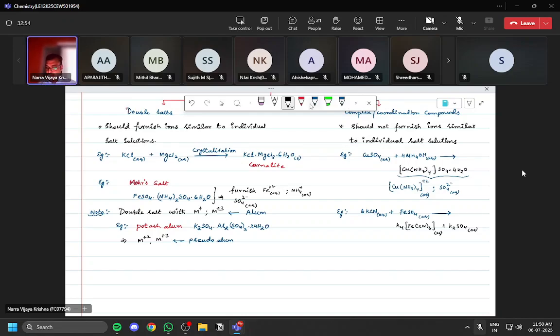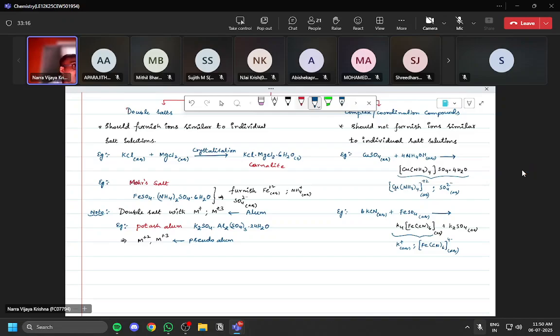What are the ions furnished by this? It will furnish K+ ions and [Fe(CN)6]4- ions, but it is not able to give Fe2+ ions, right? So that's why we call this a complex compound.